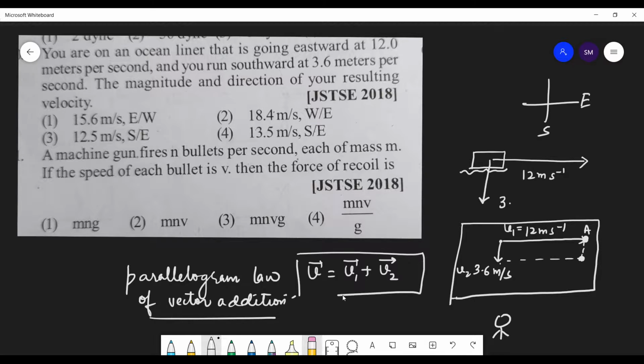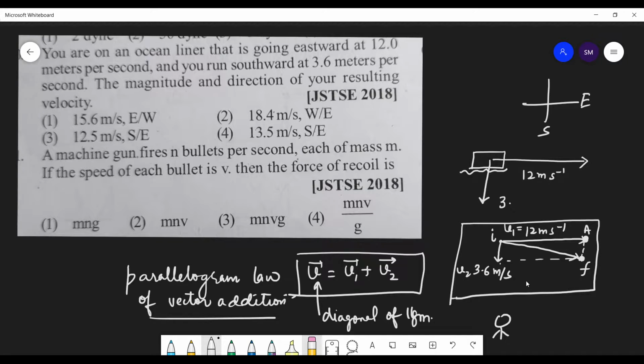So this resultant velocity is actually the diagonal of the parallelogram. This was your initial position, and this is your final position after 1 second, isn't it?